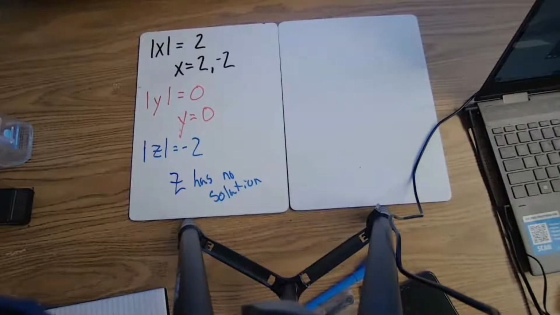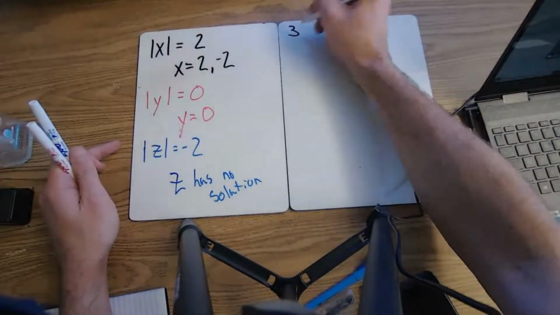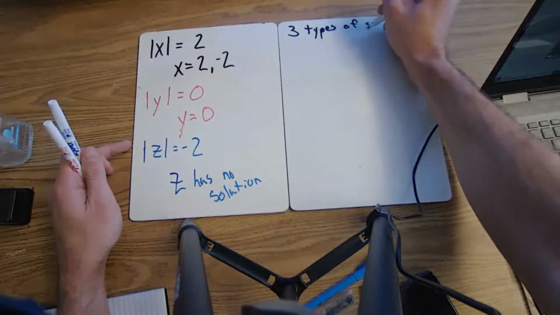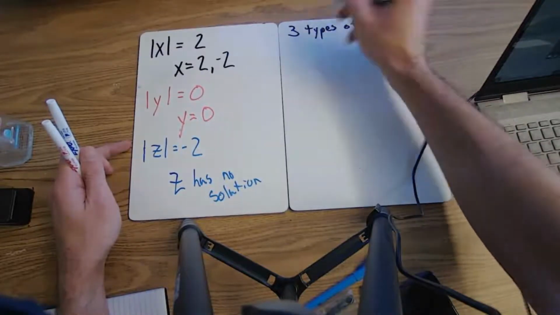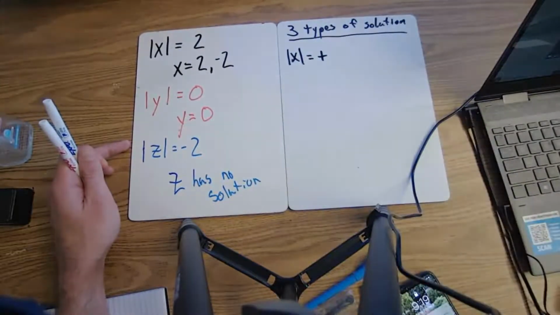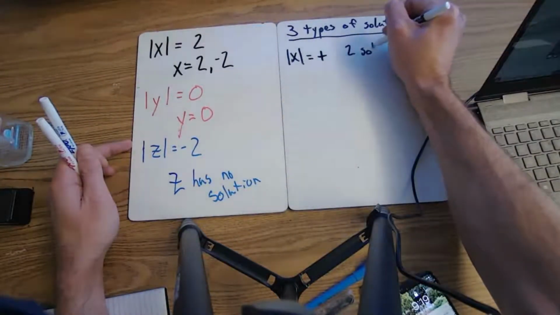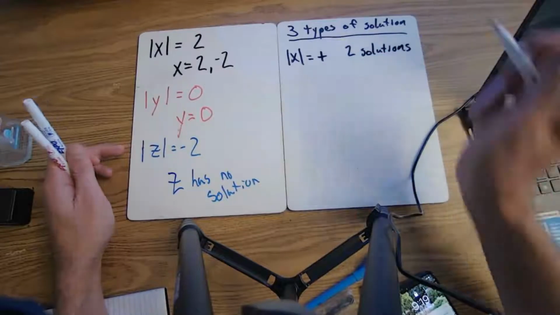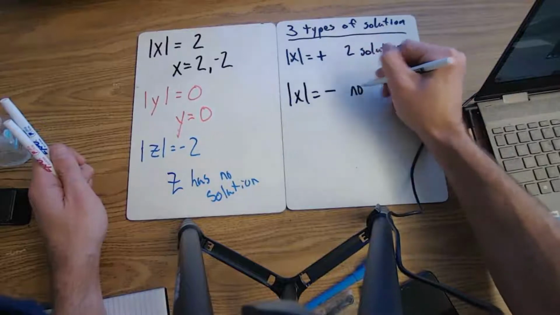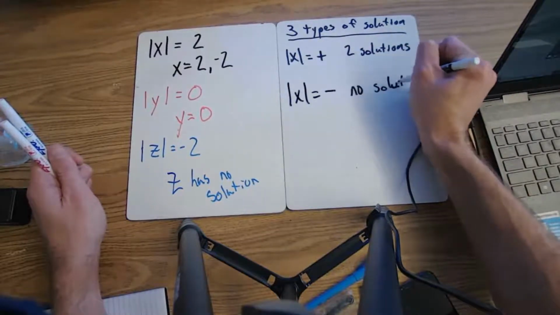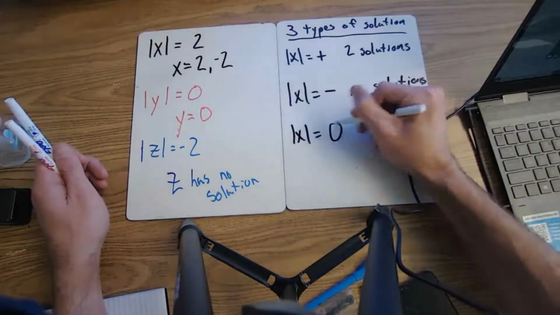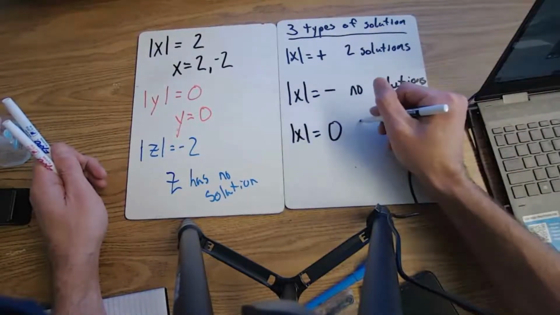So, to kind of summarize, there's 3 types of solutions. If we have it equal to a positive number, we have 2 solutions. If we have it equal to a negative number, we have no solutions. And finally, if we have it equal to 0, right in the middle of positive and negative, we get 1 solution.